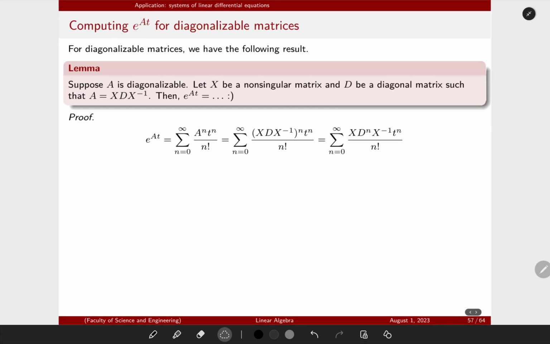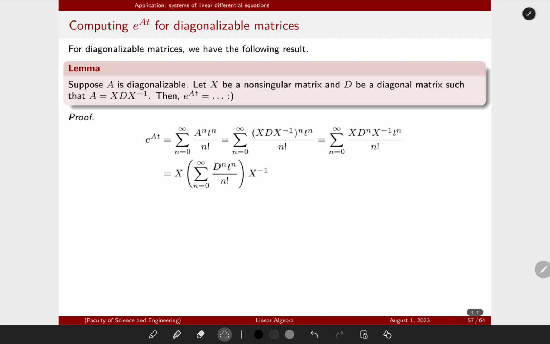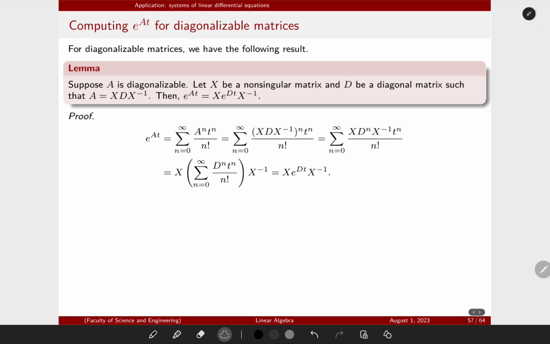Then in the theorem that we proved in the section about diagonalizability, we showed that raising a diagonalizable matrix to a power is the same as just raising the diagonal matrix to which it's similar to the same power. So we can just take this power in and put it on D. Then we can interchange the scalar and this matrix, and then move the X inverse here and the X here outside of the sum, because they do not depend on n.